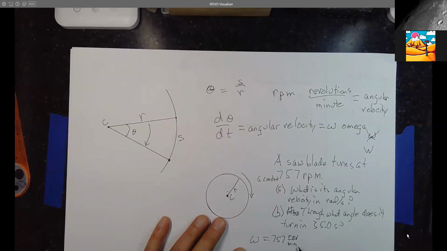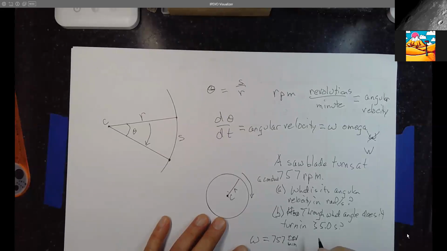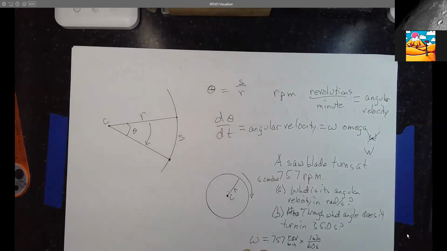Okay, well, let's see. So I multiply that by, in 1 minute, there are 60 seconds, and I'm going to want seconds on the bottom when I get done here. So I'll put the 1 minute on top and divide by 60 seconds. This is an exact conversion, so I don't need to worry about sig figs on something like this.